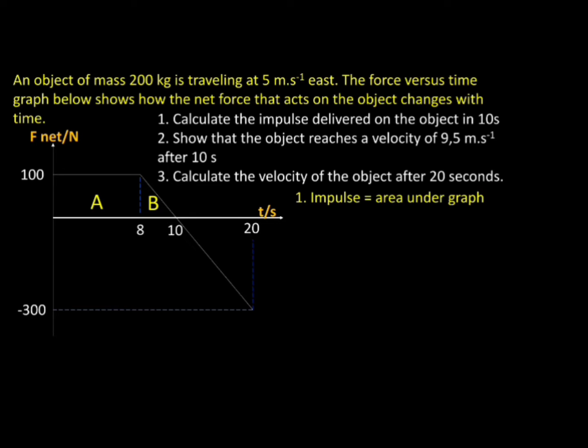So you should be able to say, well, what are the dimensions of those two shapes? This is 100 by 8 rectangle. And this triangle is also going to be 100 this side by 2 this side.